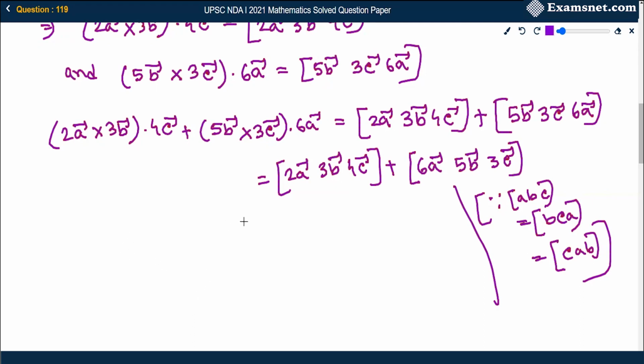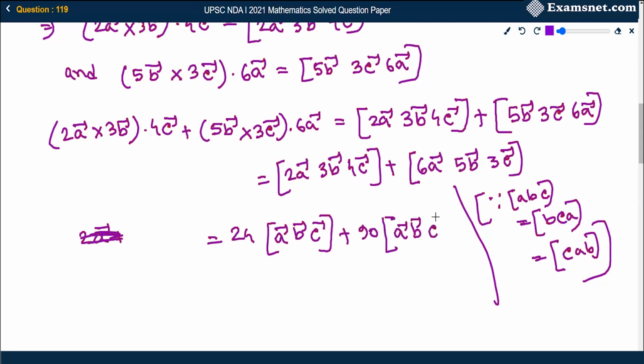So, okay, here also we can write from it that 24 [A B C] plus 90 [A B C].